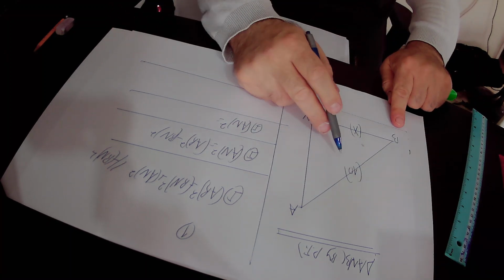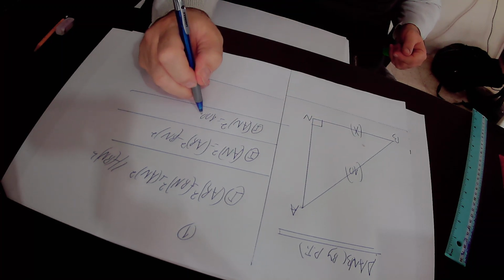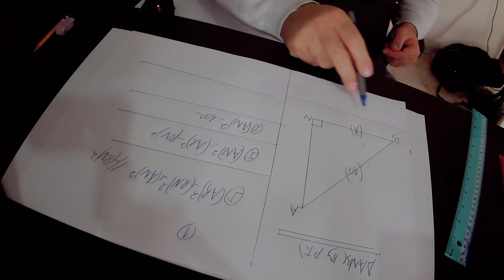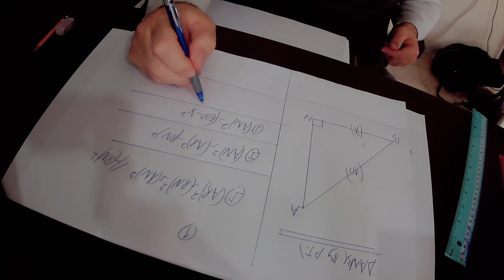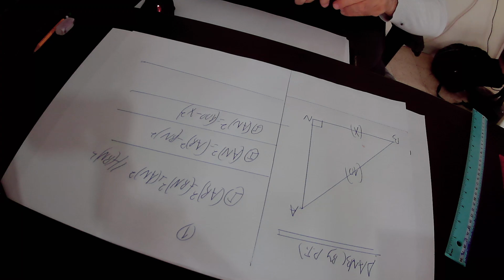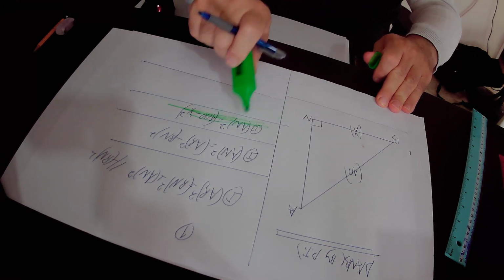The hypotenuse AB equals 10, therefore AB squared is 10 squared, that is 100, minus BN squared. BN equals x, therefore BN squared is x squared. So according to equation 1, AN squared equals 100 minus x squared.